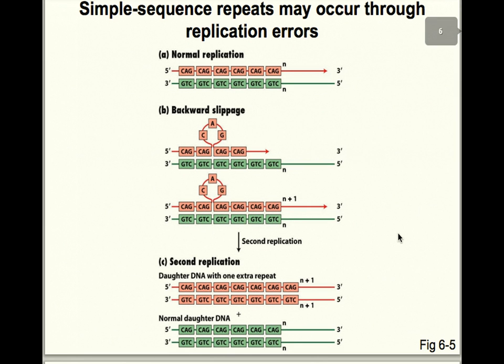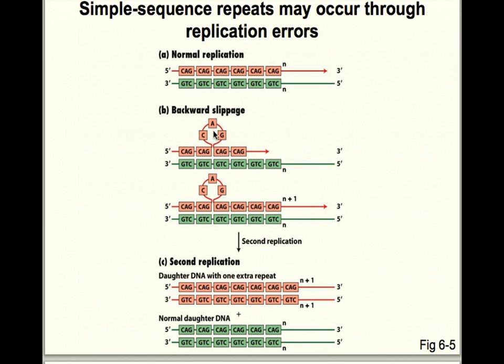Another way these can grow is backward slippage during DNA replication. So again, there's just all these sequences that do the exact same thing in a row. The DNA polymerase is going along and copying this. If some of the DNA way back here where it's already copied slips backward, the DNA polymerase is still going along and just chugging along these repeats.